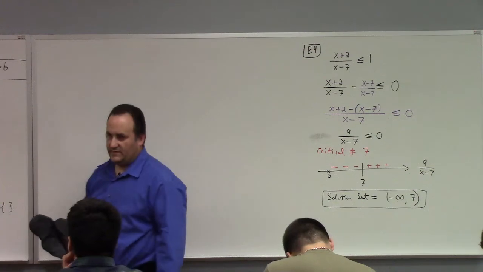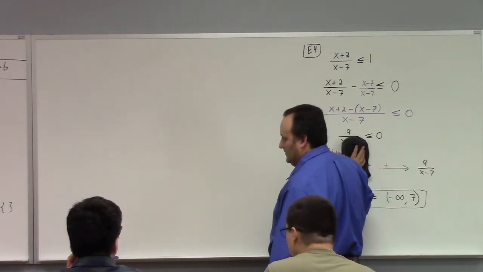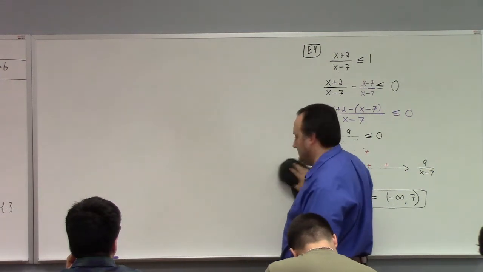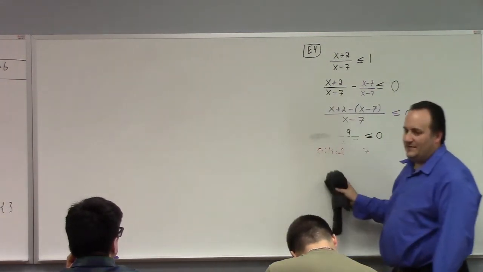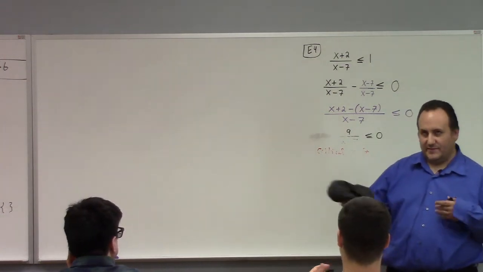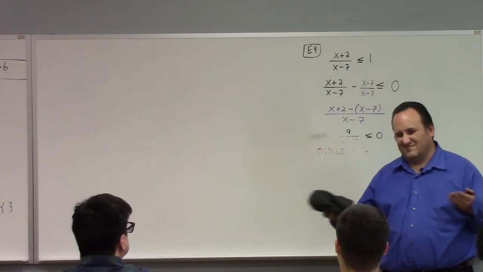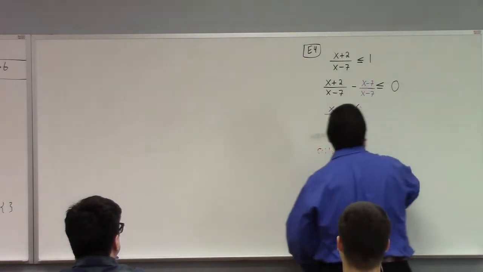If I asked to write the solution set, then it would be good to say no solution, so the solution set is the empty set. Am I going to take a point off? It really depends on the problem and how much of the problem was writing the answer in set notation versus not. It depends.